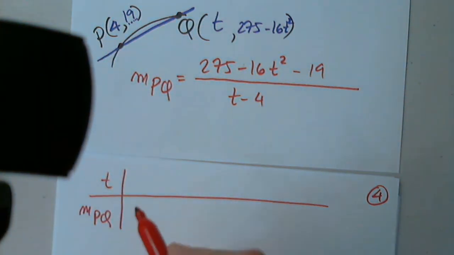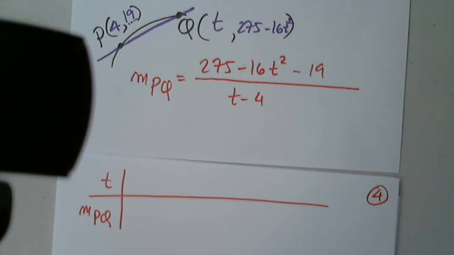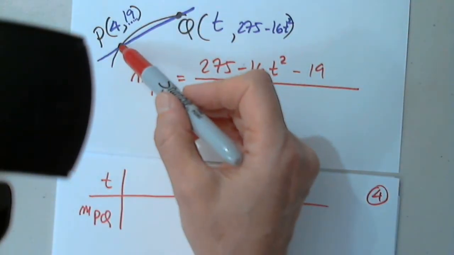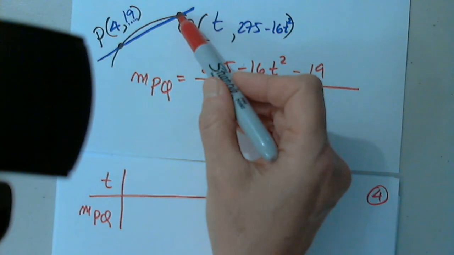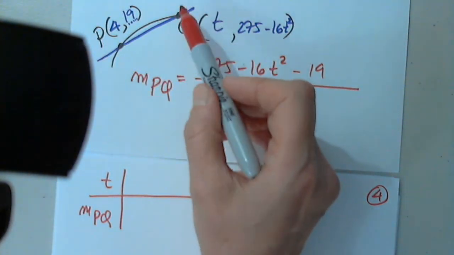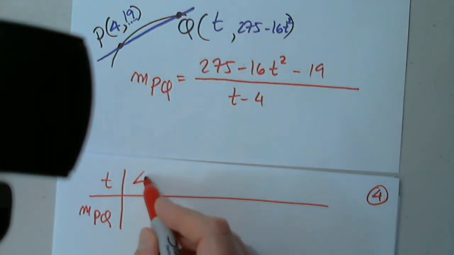So what is my t then? If this is 4, what is this, so that the time elapsed is 0.1? Is it 4.1? Very good.